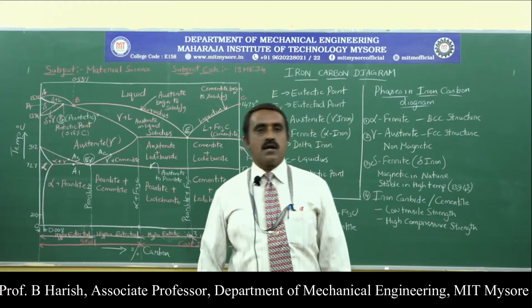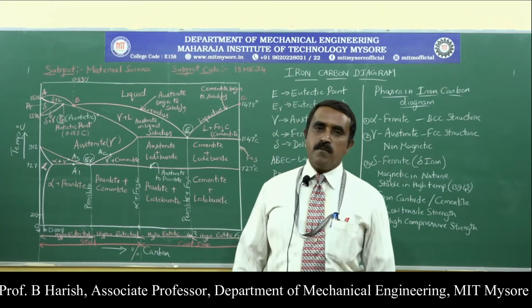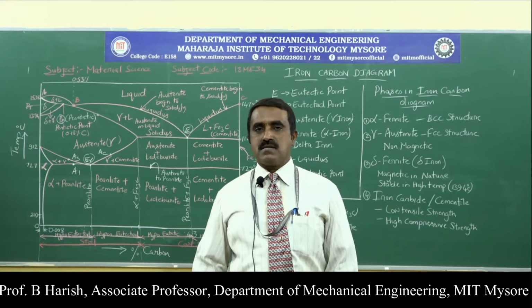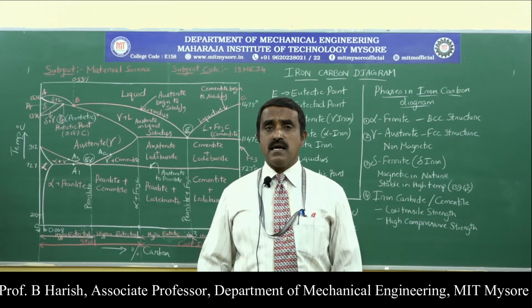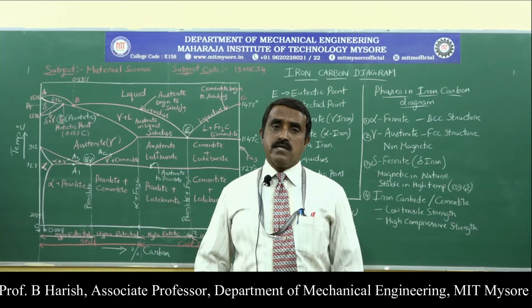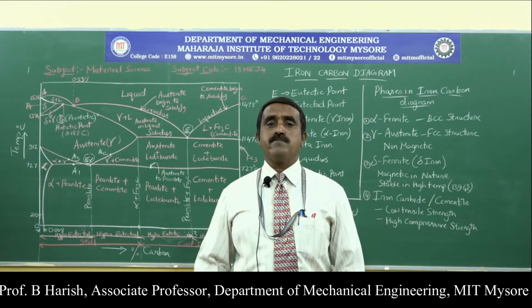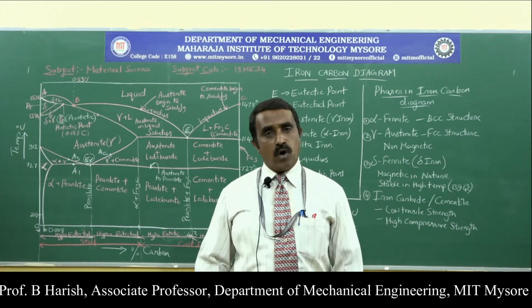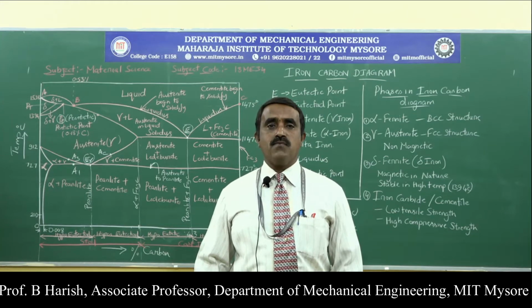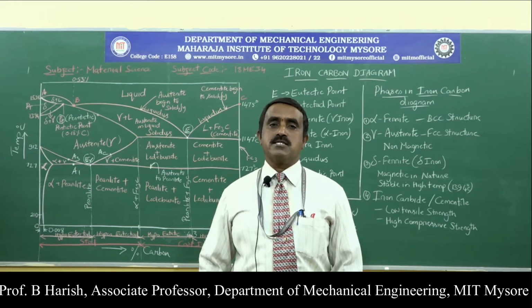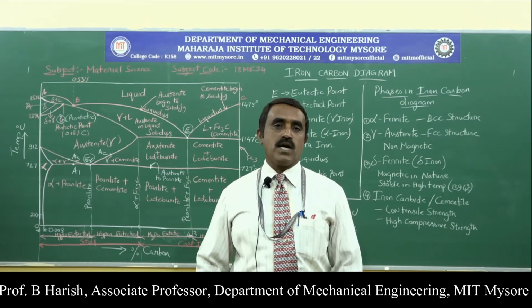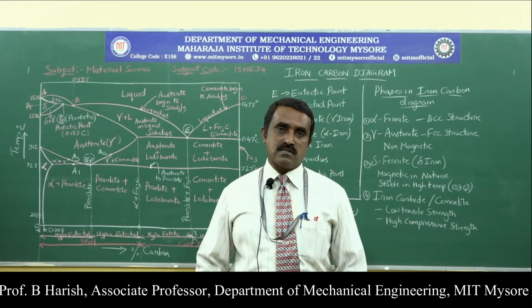Once we draw the iron carbon diagram, it is very important to analyze and study it. Which are the different interstitial forms of iron that can exist? What is interstitial? As we have already seen in previous sessions, it is where the impurity atom occupies the interstitial space in the crystal structure, whatever the type of crystal structure.